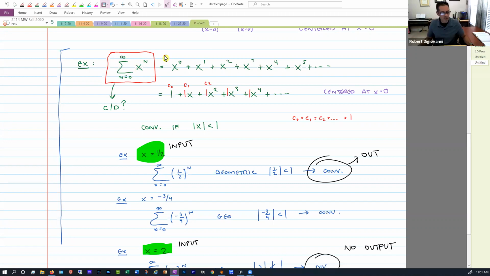So couldn't you look at this as a function that has a domain? The domain of this function would be all values of x where the absolute value is less than 1.